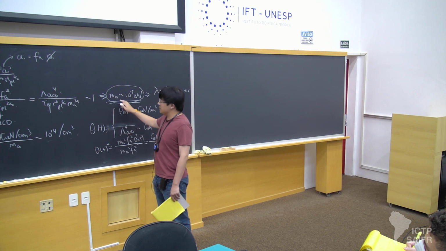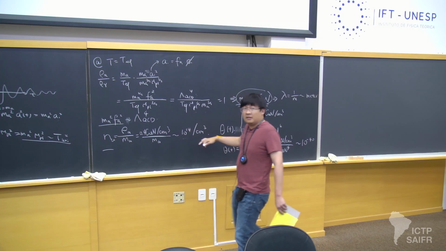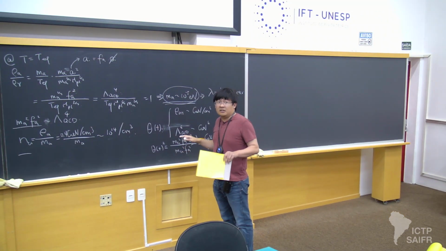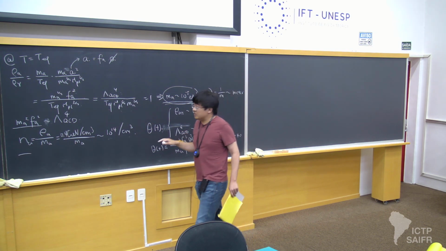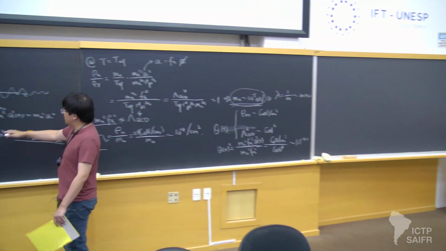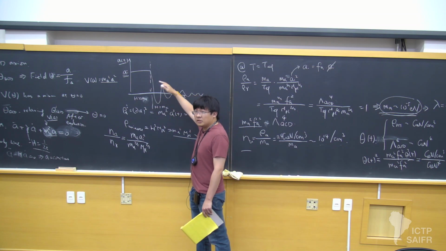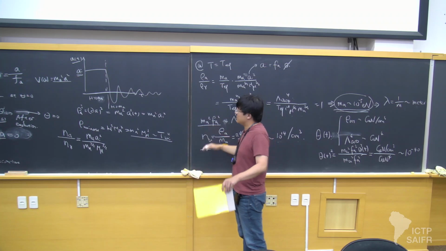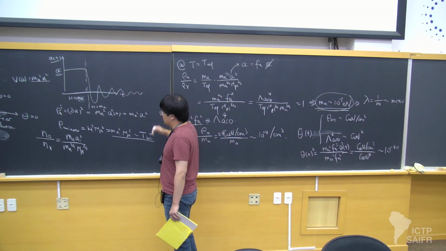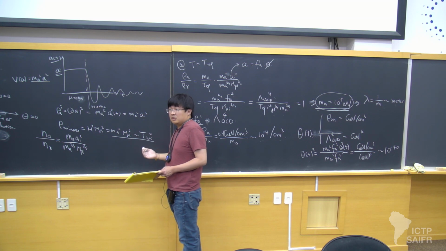Well, the reason is, as you can see from all of this derivation, the axion has never been thermalized with the standard model. It starts with the initial angle, and it starts to oscillate. All of this oscillation it's doing on its own. As the universe expands, it's just oscillating. So it's never really in thermal contact with the standard model, and the temperature of the dark matter doesn't have to be the same.